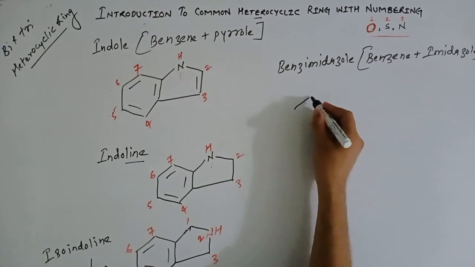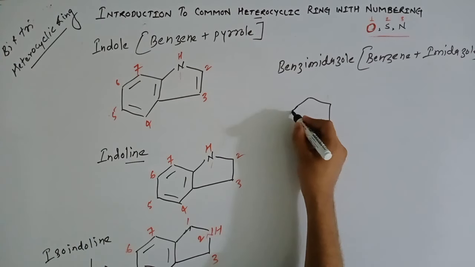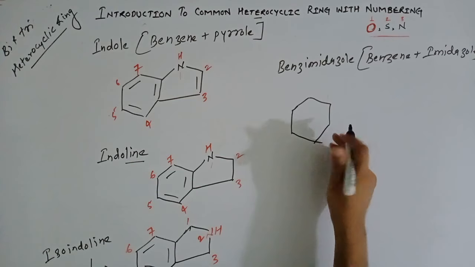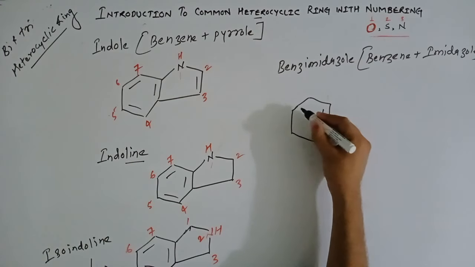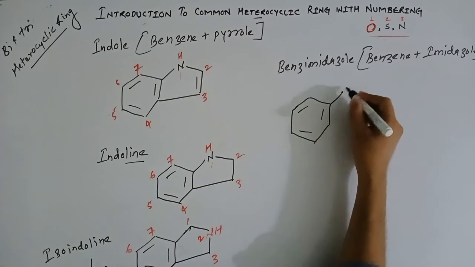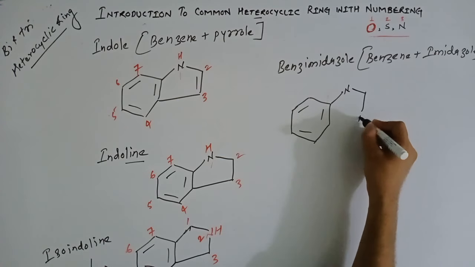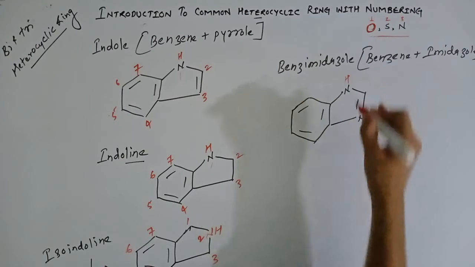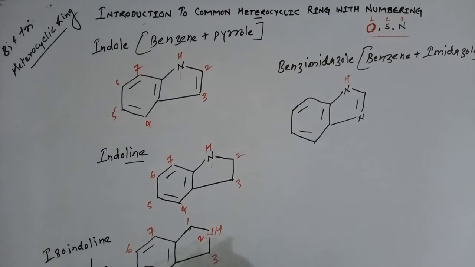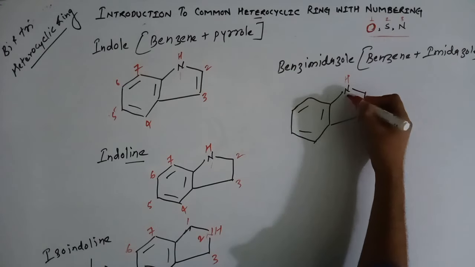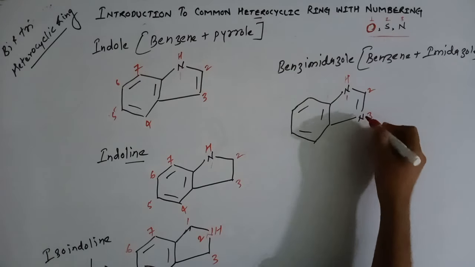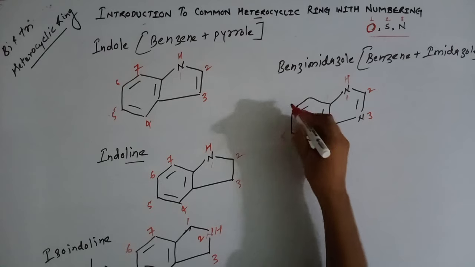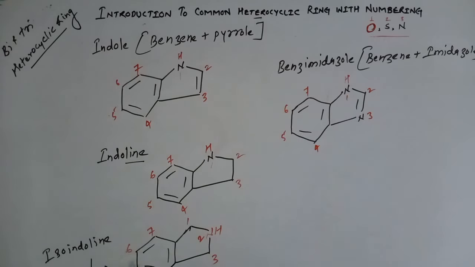So this is your benzene and this is your imidazole. Numbering again begins from this: 1, 2, 3, 4, 5, 6 and 7. This is your benzimidazole.